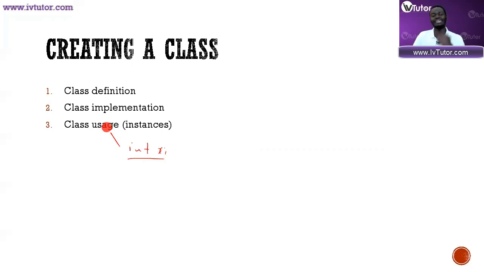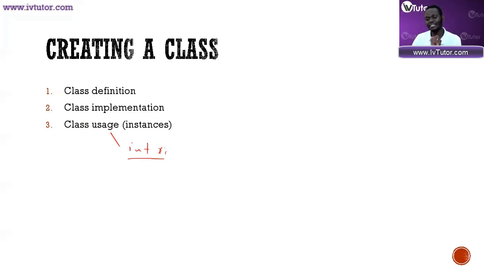Because we cannot directly access their values or set or get their values at this level. When we start making a variable of type day of year, we cannot say day of year dot month or dot day because they are private, which means when we get to this level where we start using our classes, where we start making variables of type of our class, we cannot access everything under private.